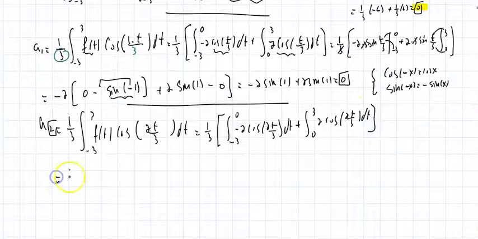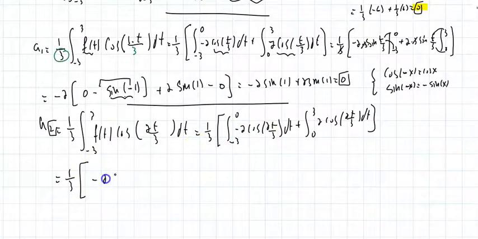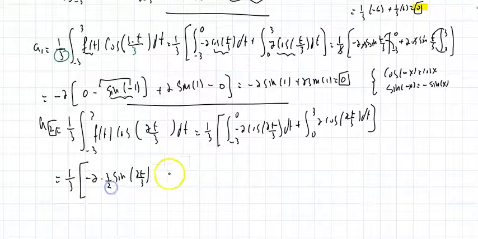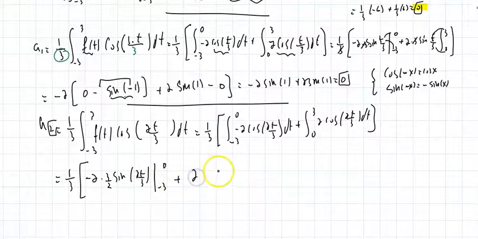And that turns out to be 1/3 times, this would be negative twice the sine of 2t divided by 3. When you divide by 2/3, that's multiplying by 3/2, evaluated from negative 3 to 0, plus twice the cosine of 2t over 3.